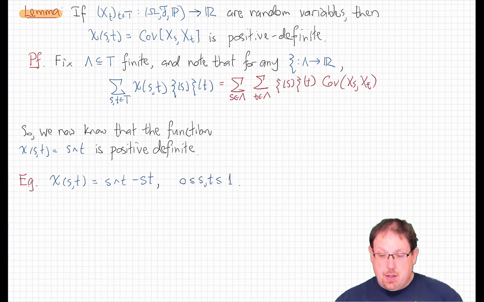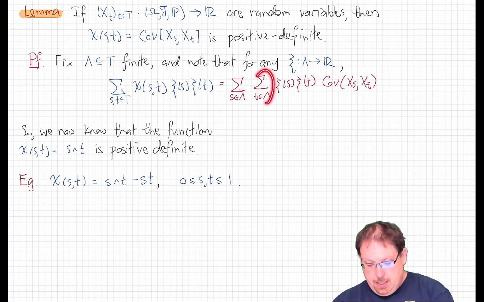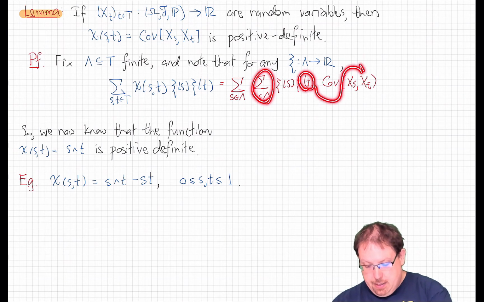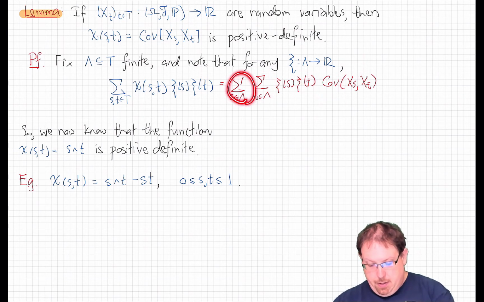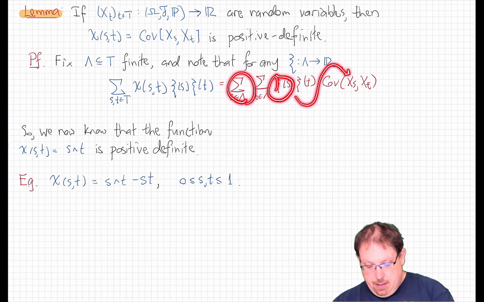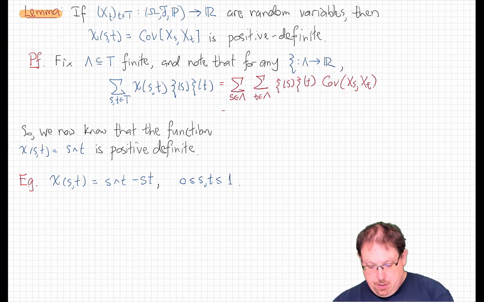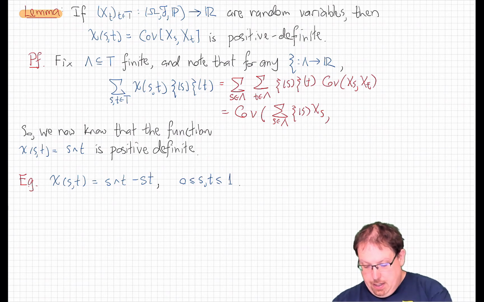Now remember that the covariance function is bilinear. So that means that I can put this linear combination inside the t variable and this linear combination inside the s variable. In other words, this can be rewritten as the covariance of the sum over s of psi of s times xs and the sum over t of psi of t xt.